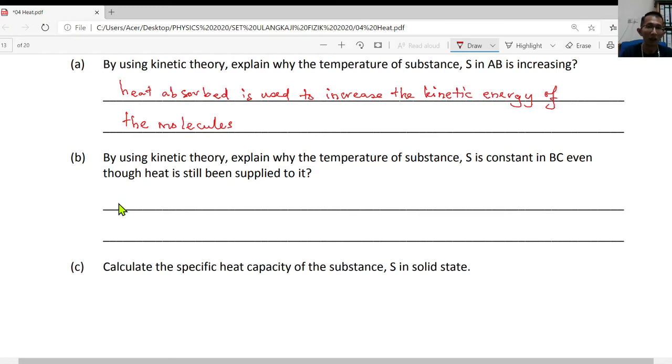The heat absorbed is used to break the bonds between the molecules.